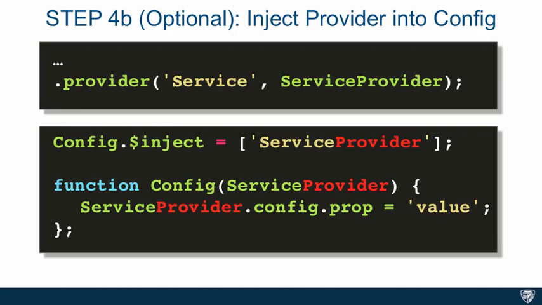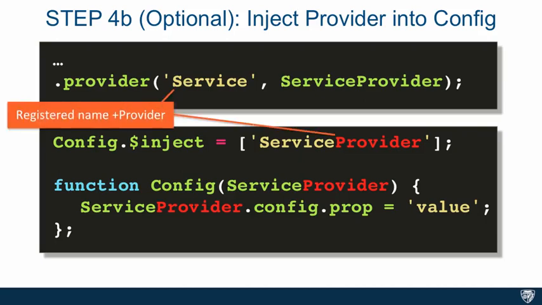Therefore, what we need to do is get at the provider function of a particular service. And if the provider has been declared with a particular string, the thing that we inject into the config function is that string plus the string provider. So in this case, our provider has been declared with service. Therefore, what we inject into the config function and then use inside of it is serviceProvider.